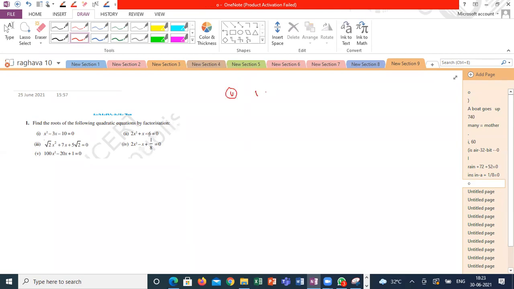Anyone can solve the fifth question? 100x square minus 20x plus 1 is equal to 0.